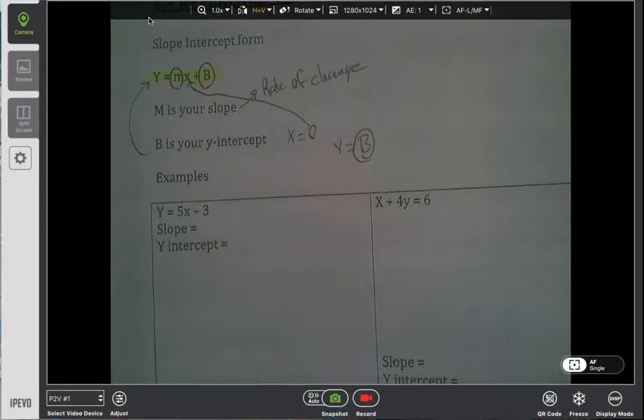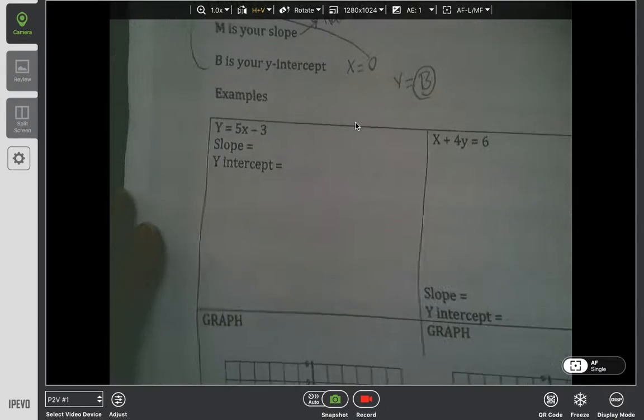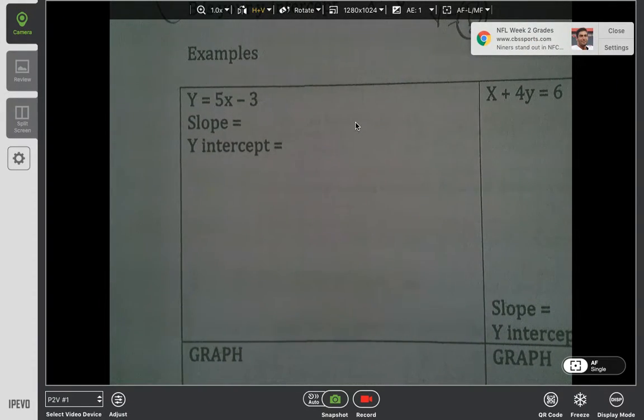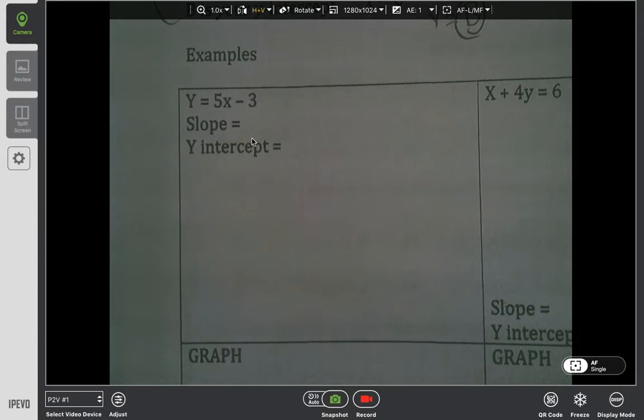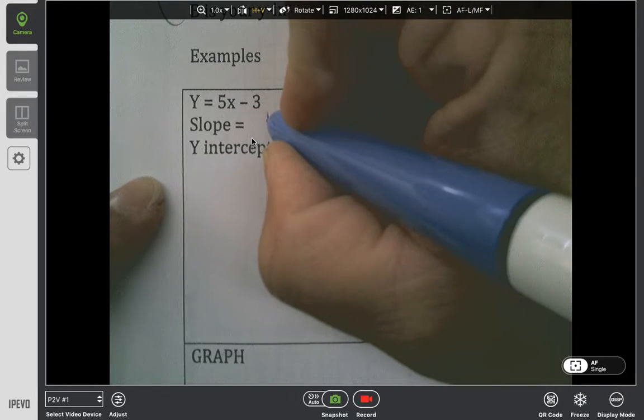All right, so let's go through here and try some examples. In the first example, it's 5x minus 3. Imagine how easy this is going to be compared to doing this with tables. The first thing you've got to do is, can someone identify the slope here for me? 5.